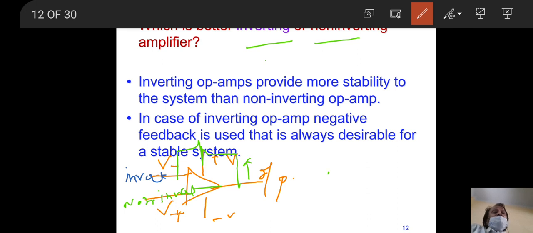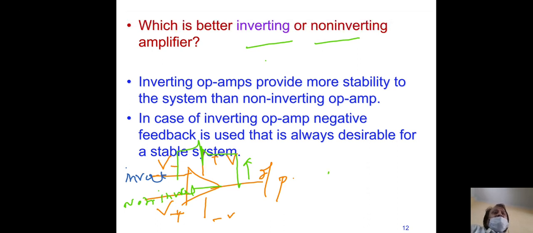That is why the inverting amplifier is better than the non-inverting amplifier. The simple op-amp has very high, infinite gain. When feedback is connected, the difference between the inverting input and the feedback signal makes the output stable.